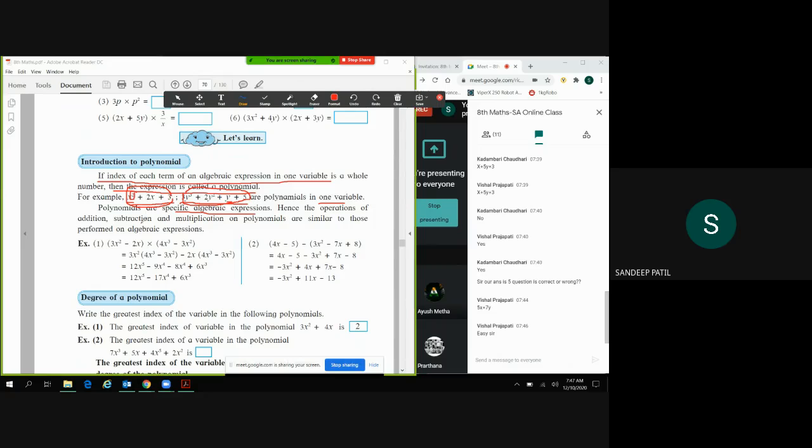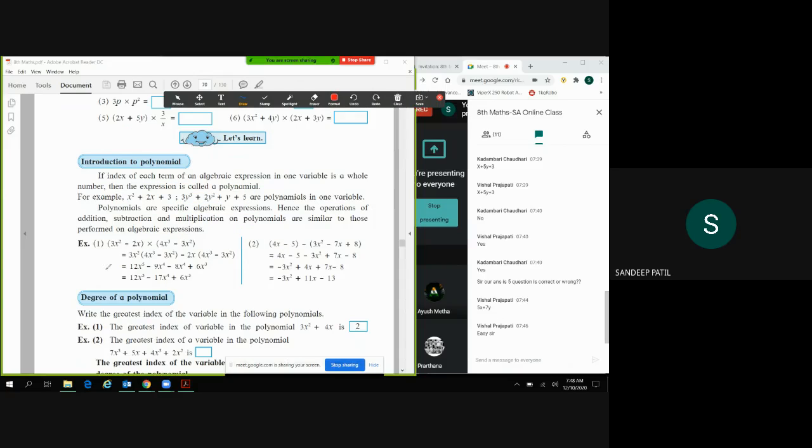Hence, the operations of addition, subtraction, multiplication of polynomials are similar to those performed on algebraic expressions. So algebraic expressions are like 4 plus 5, or 5 minus 2, the simple algebraic expressions we have carried out till now. Similarly we can do it for polynomials, except there are certain rules which we have to follow.